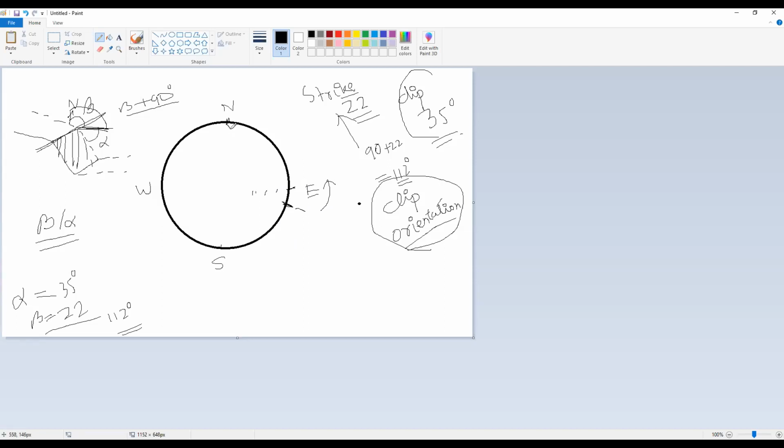So along the 35, we will measure. Then we will rotate back to its original position. It would be around 112 plus 35.